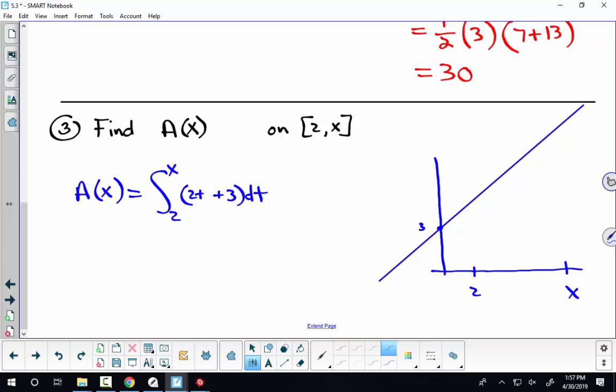There's our line, 2t plus 3. This time we're going to go from 2 to x though. So from 2 to x. So again, can we find this area?